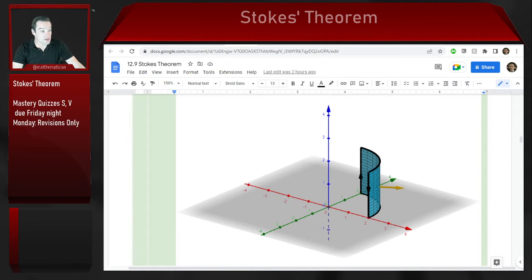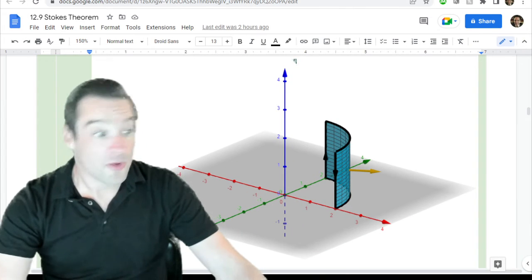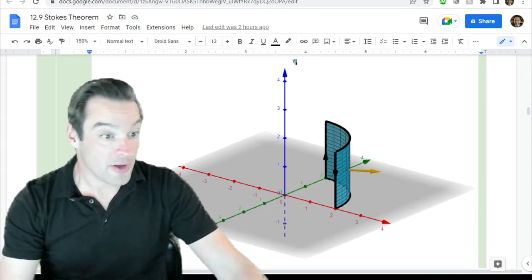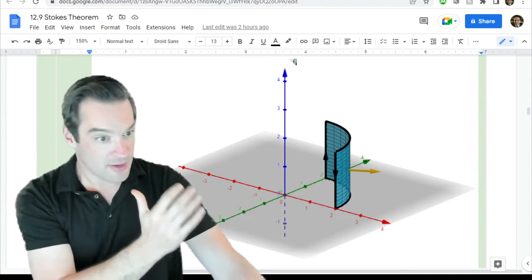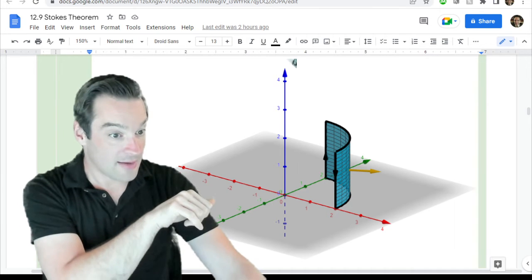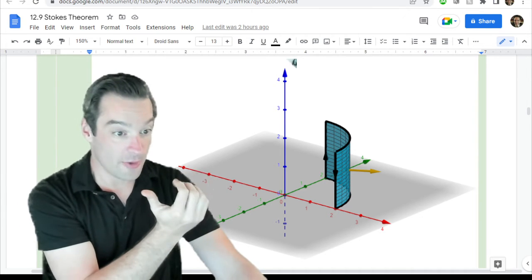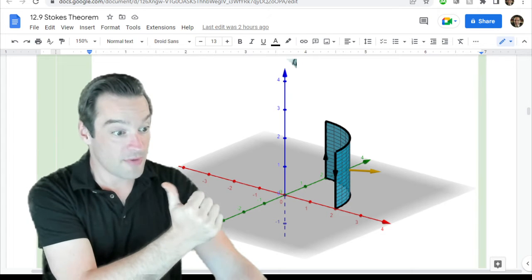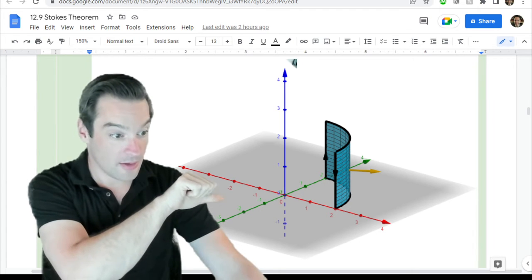What should the orientation of the surface be? And so this is where the right-hand rule comes back in, right? And where you kind of have to imagine that here I am inside of 3 dimensions. I'm going to curl my fingers in the direction that my oriented curve is going, and then my thumb should be facing in the direction of the normal vector.